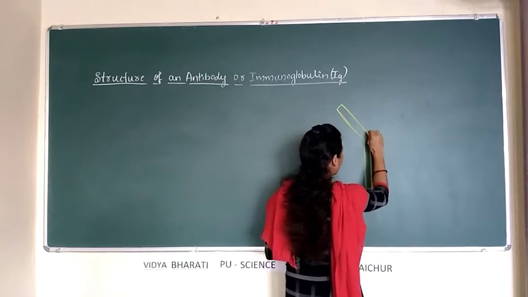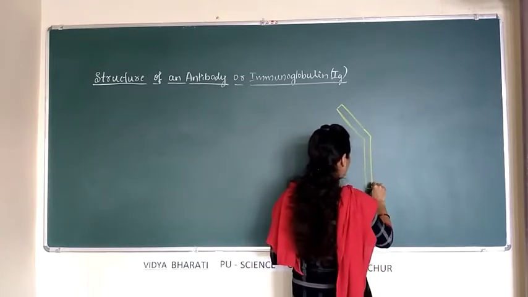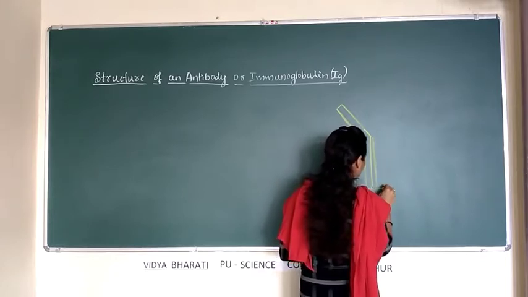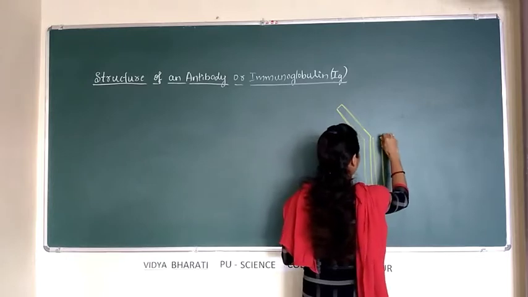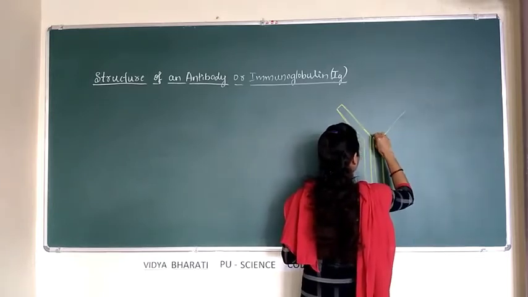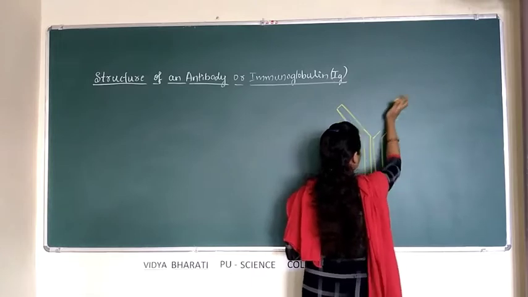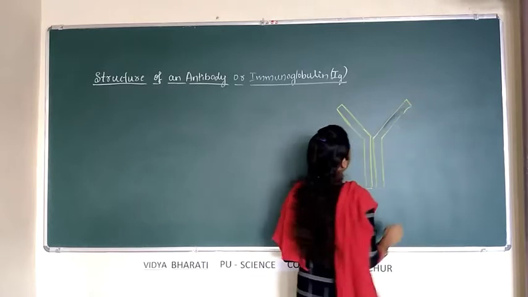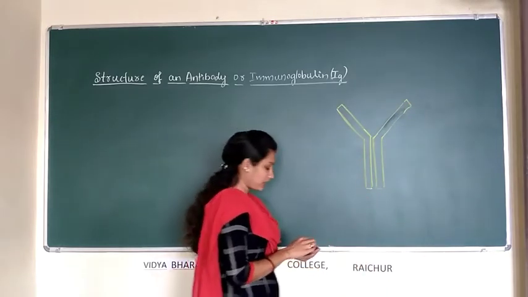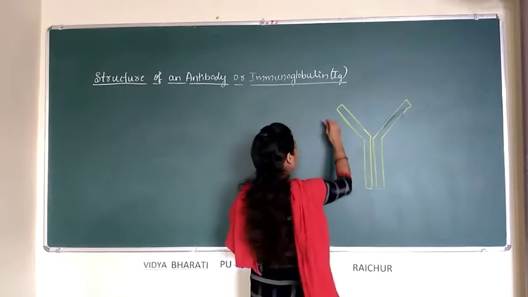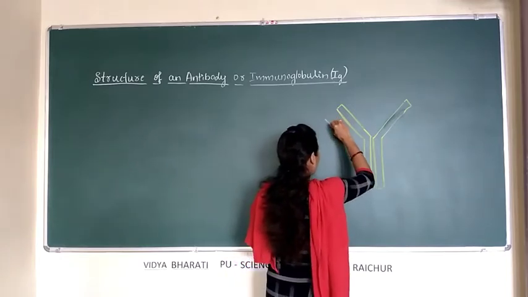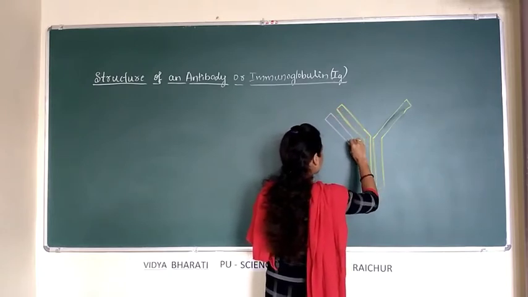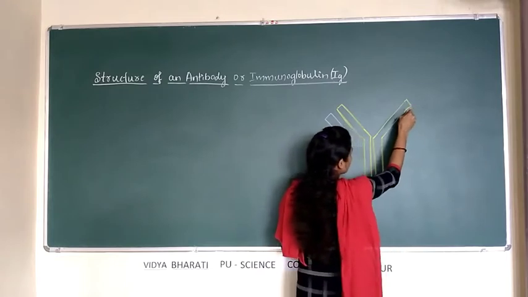It is Y-shaped like this, and contains 4 polypeptide chains. These are 2 and here 2.